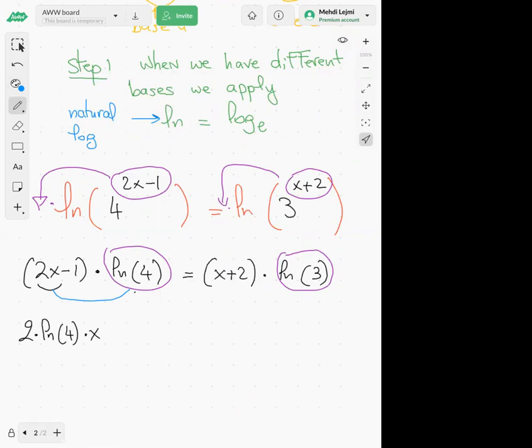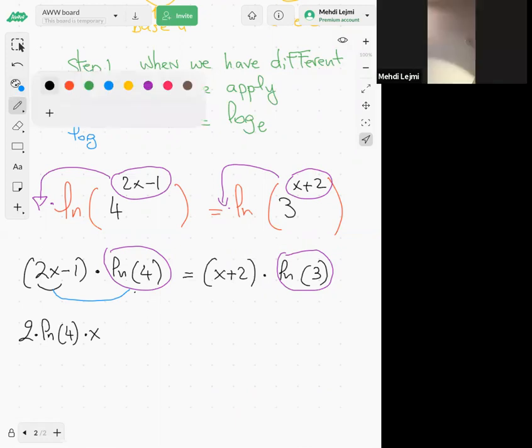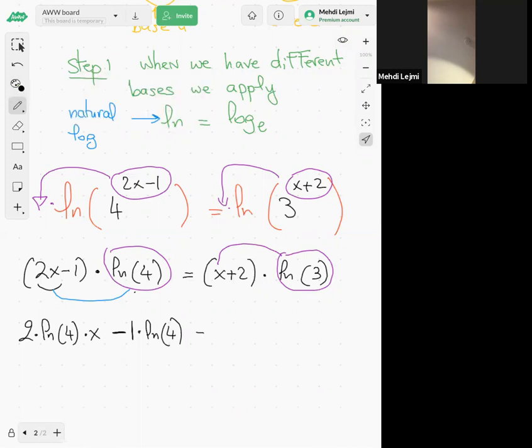All right, so then there's minus 1 times natural log of 4. Okay, the same on the left side. I have this number, natural log of 3 times x. Again, guys, think of a natural log of 3 as a number. It's like saying 1.7 times x, or something.